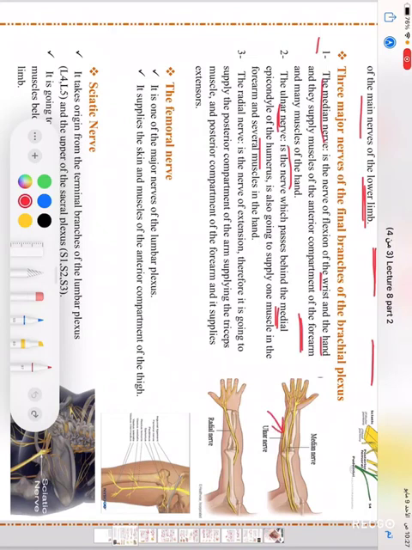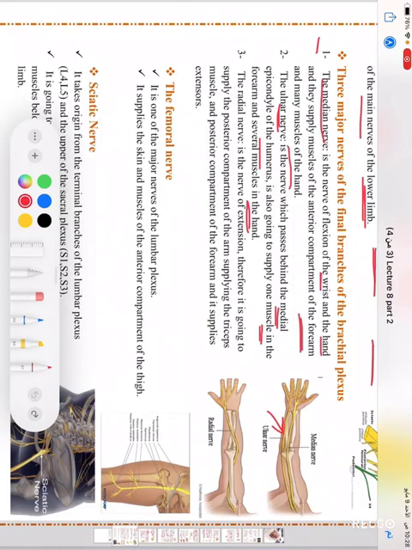It's also going to supply one muscle in the forearm and several muscles in the hands.